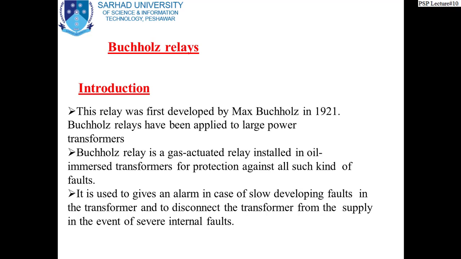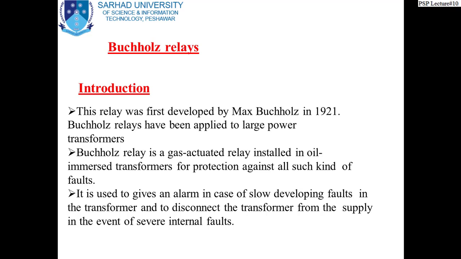Although we didn't cover the protection of transformer by fuses, because that is of course a long chapter, so that is not included in this particular course that we normally teach to postgraduate students.